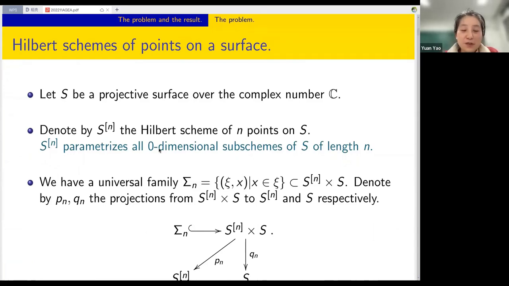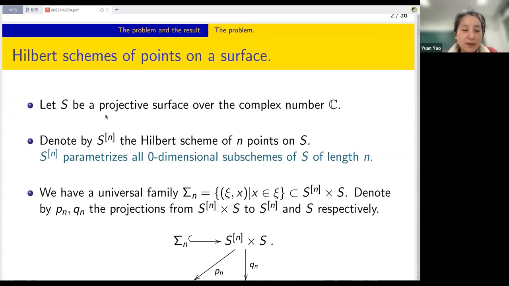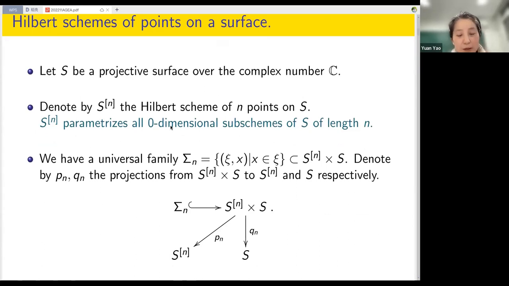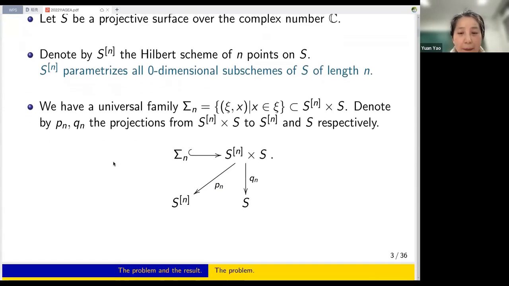Okay, so Hilbert schemes of points. I think these are well-known facts. Let S be a projective surface over the complex numbers. We denote by S^[n] the Hilbert scheme of n points. S^[n] parameterizes zero-dimensional subschemes of S. Points of S^[n] are also rank one ideal sheaves, and we have a universal family.